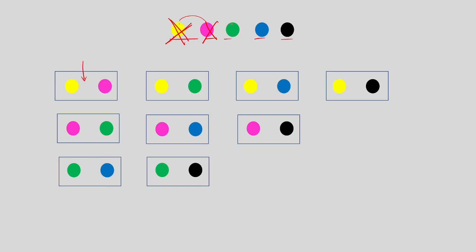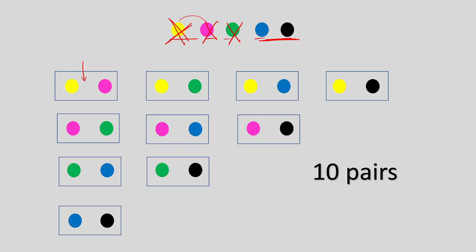With green we have green blue and green black, and then we can discard the green and we have only 1 pair left, this one. So there are 10 pairs you can count: 4 plus 3 plus 2 plus 1, that should be 10. And this is what the 5C2 does. It gives you this number very quickly. The number of ways of selecting two things out of five distinct things.